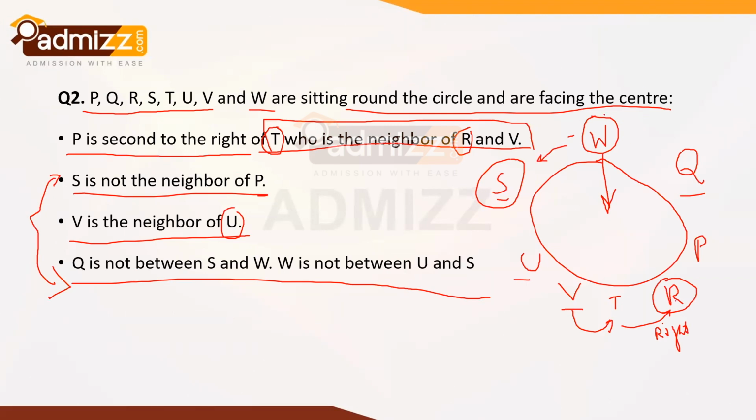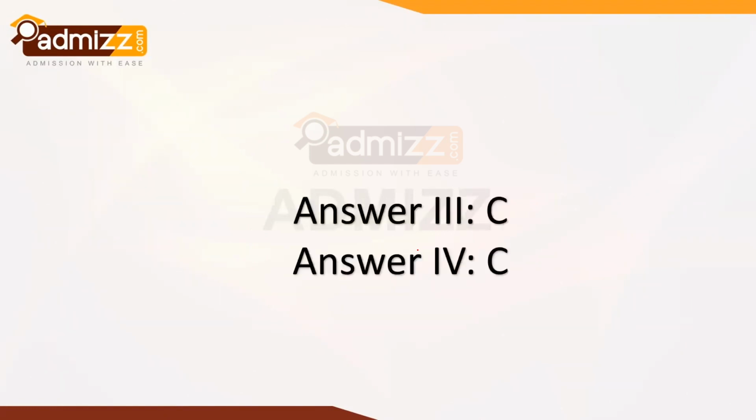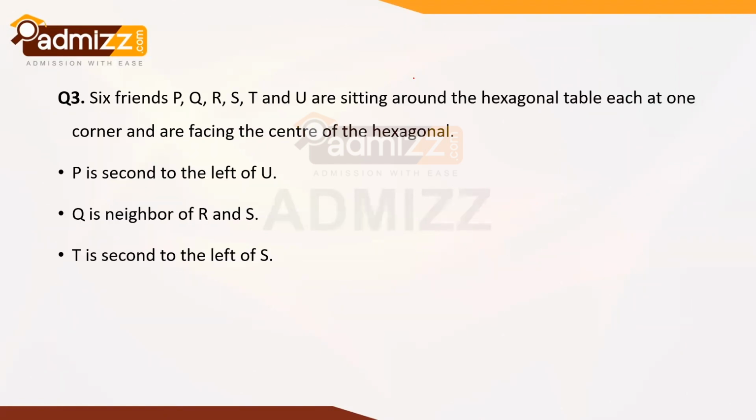From W's perspective. So the correct answer is to the immediate right of W in this case. Most of you got this answer correct in the chat box as well. So with that said, we've come to the end of our second problem, right?